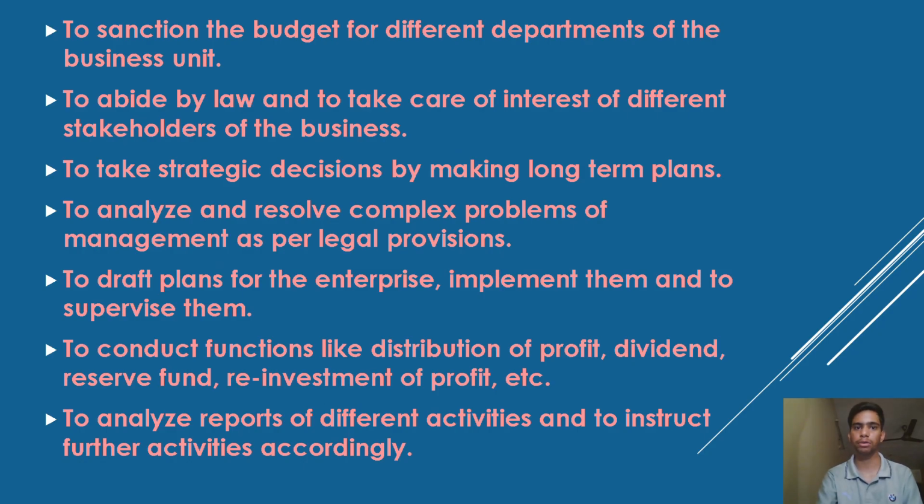To abide by law, to take care of interest of different stakeholders of the business, to take strategic decisions by making long-term plans, to analyze and resolve complex problems of management as per legal provisions, to draft plans for the enterprise, implement them and to supervise them, to conduct functions like distribution of profit, dividend, reserve fund, reinvestment of profit, etc., to analyze reports of different activities and to instruct further activities accordingly.